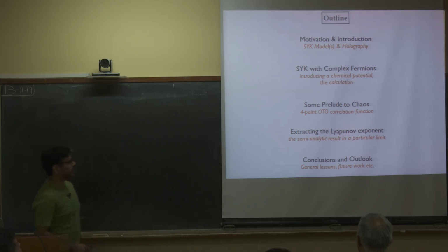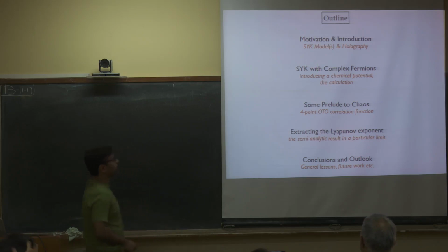This is a rough outline of the talk. I will start with some motivation and introduction, and there will be some standard words about this, and you might say some of my prejudices that I will try to sprinkle in here. This is going to be slightly longer than usual introductions.